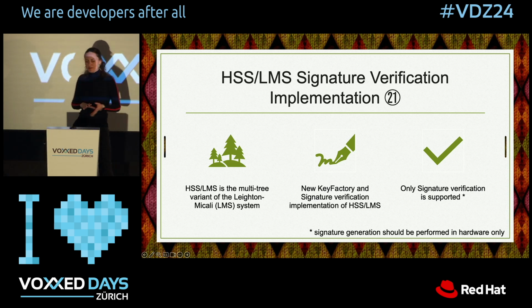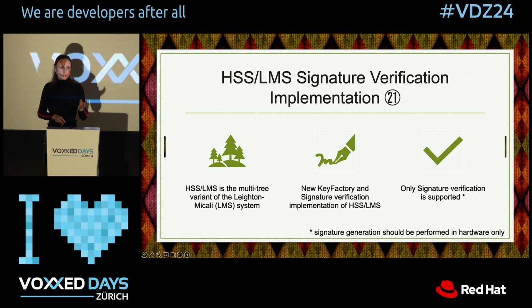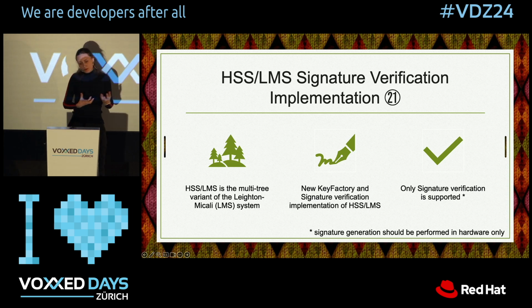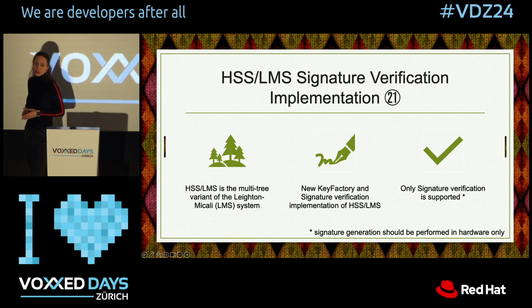So in hardware cryptographic modules, because those do not allow secret key material to be exported. That's what makes it so safe against quantum computer aggression. On the other hand, verification is much simpler. So that was actually done in JDK 21. The HSS-LMS signature verification implementation.